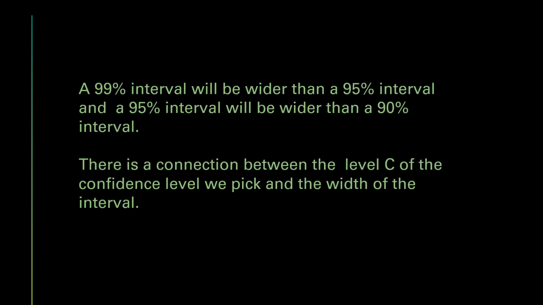A 99% interval will be wider than a 95% interval, and a 95% interval will be wider than a 90% interval. So there is a connection between the level C of the confidence level we pick and the width of the interval.